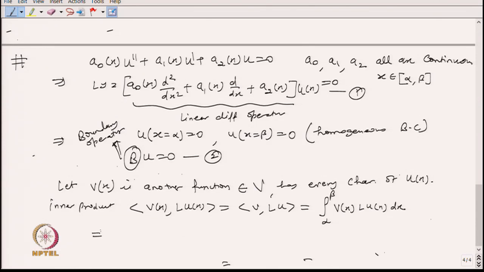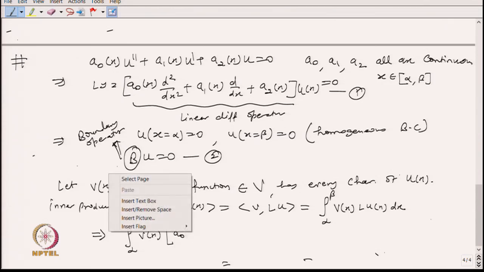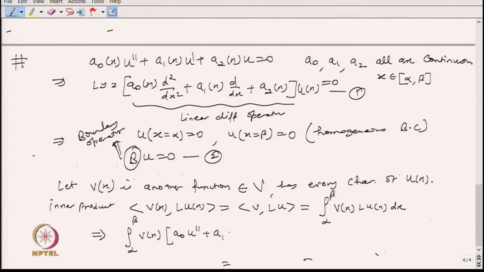From here I can define this as the integral from alpha to beta of v of x times L, where L is a naught, a function of x, times u double dash plus a1 u dash plus a2 u, integrated with respect to x.